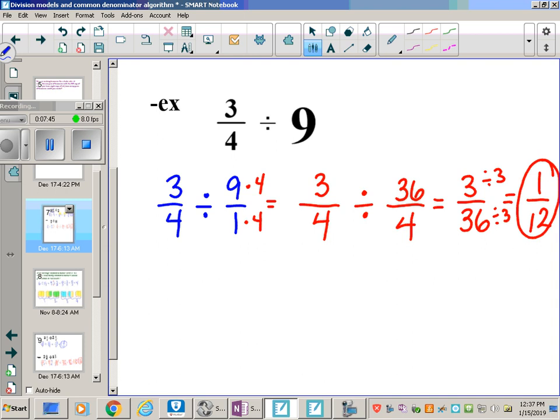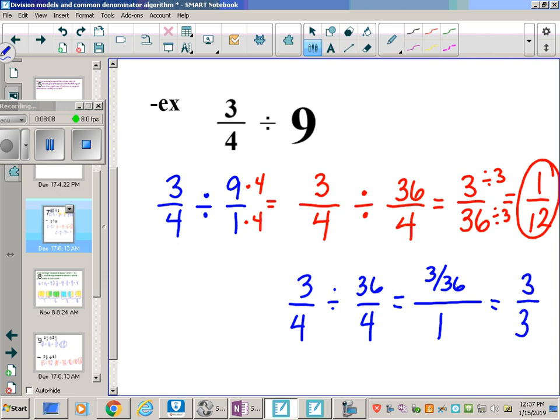Notice what's going to happen if I were to take this problem and do it as division, dividing straight across. My division would give me 3/36 over 4 divided by 4. Well, 4 divided by 4 is 1. And anything over 1 is just the number. So that's why it still equals 3/36.